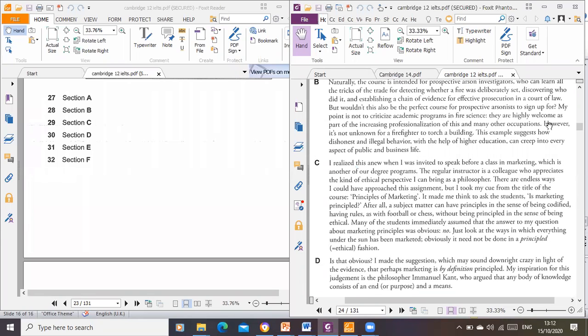"However, it is unknown for a firefighter to torch a building." So it's just an example of dishonest or illegal behavior. So that means along the line in paragraph B, when they were talking about the purpose of prospective arson investigators joining that course, they talked about something illegal. So I'm going to bear that in mind.